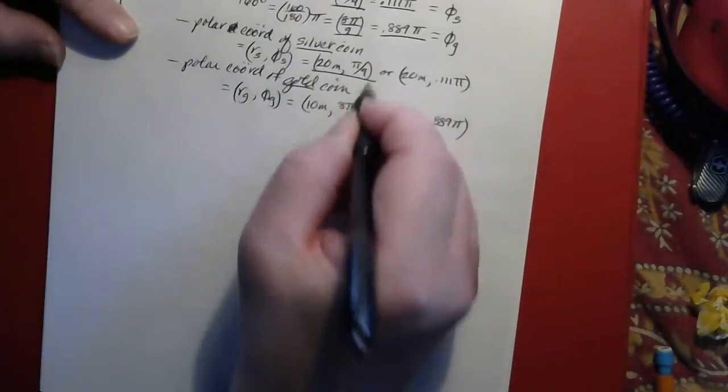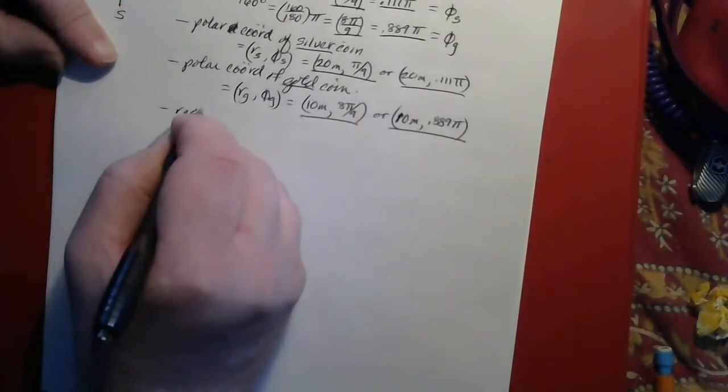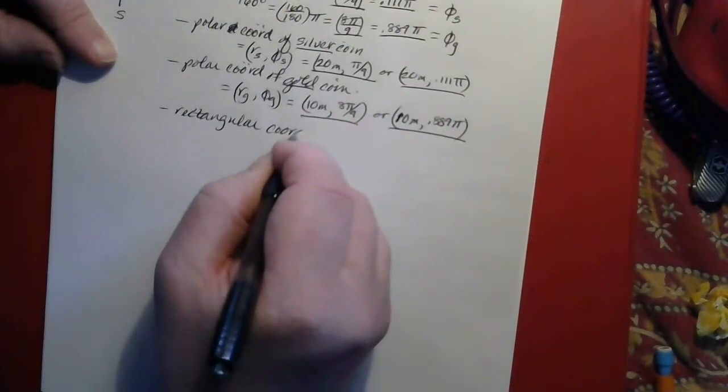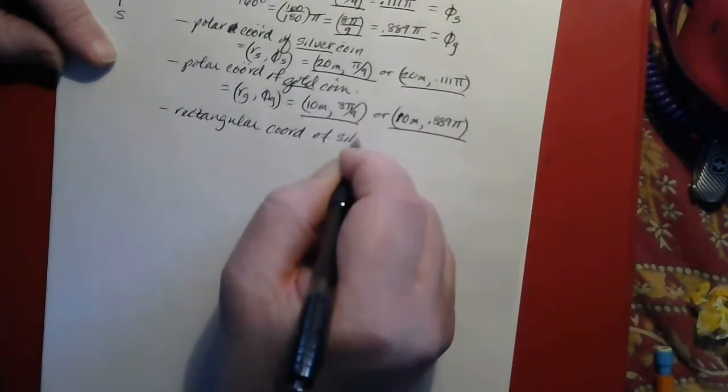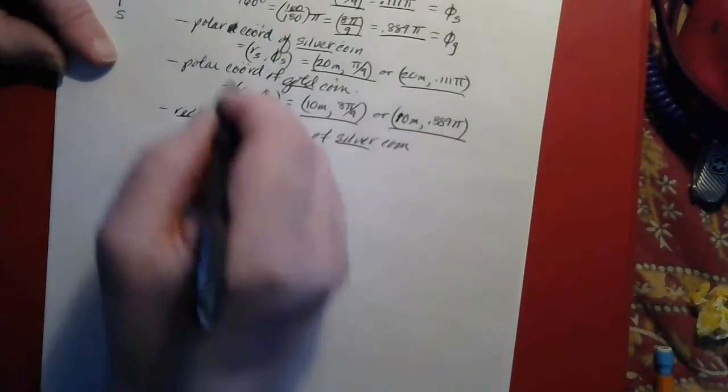All right. For the silver coin, the rectangular coordinates.